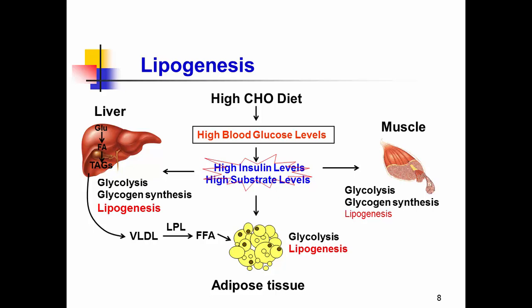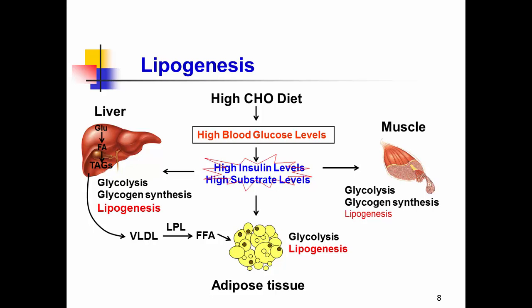And again, the liver is a primary tissue for synthesis of fatty acids. The liver takes up a lot of glucose from the circulation and converts it to fatty acids, and this process is called lipogenesis.